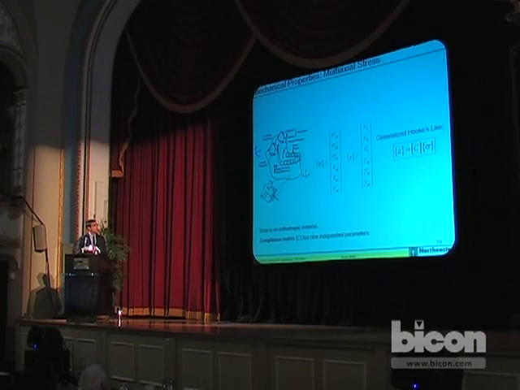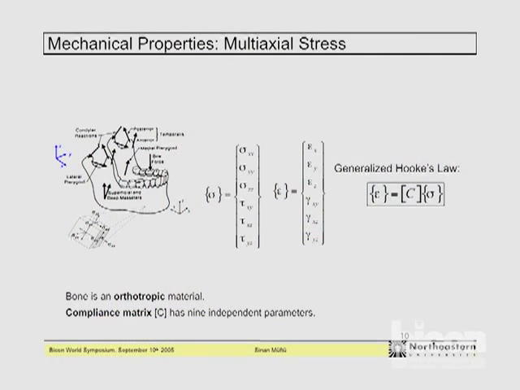As I said, due to mastication, a complex stress distribution occurs in the bone, and there are 6 stress components and correspondingly 6 strain components that develop in general. They are connected through a generalized Hooke's law, where C is a compliance matrix.